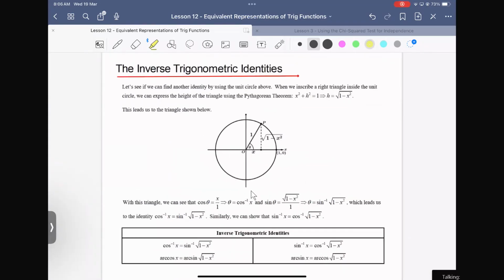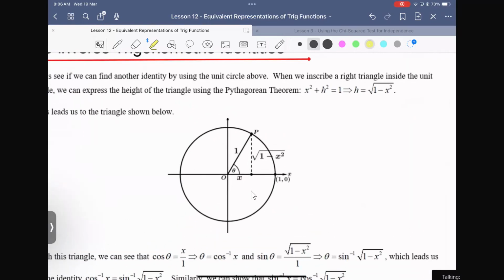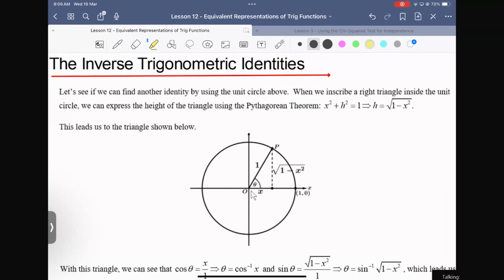Okay, so looking at the inverse trigonometric identities on this one, if we make the adjacent equal to x, we can use Pythagoras' theorem to find the expression for the opposite in terms of x. We see that the triangle is labeled this, this, and this.